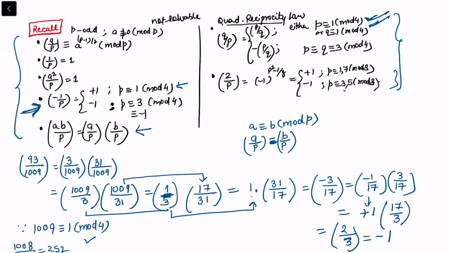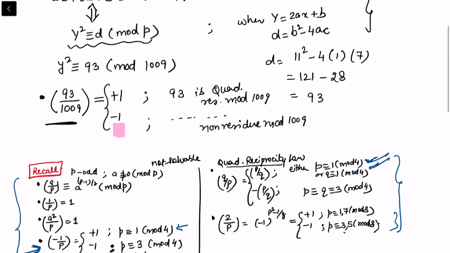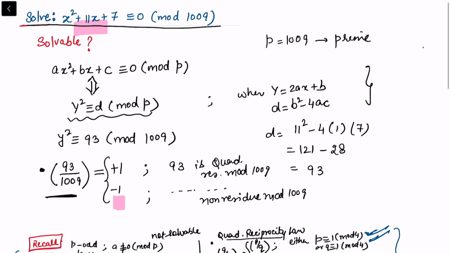So this means 93 by 1009 has value minus 1. So our congruence that we wish to solve, x square plus 11x plus 7, is not solvable, and hence we will not proceed to find its solutions.